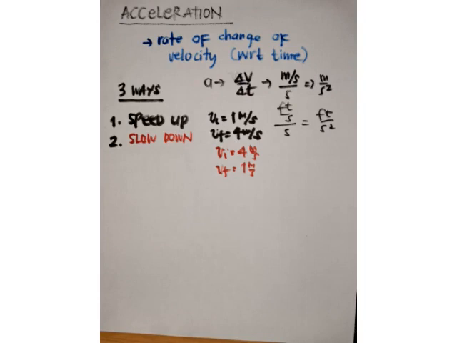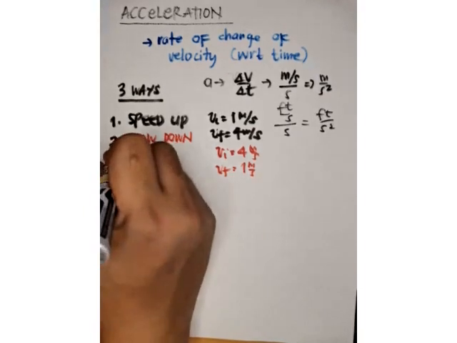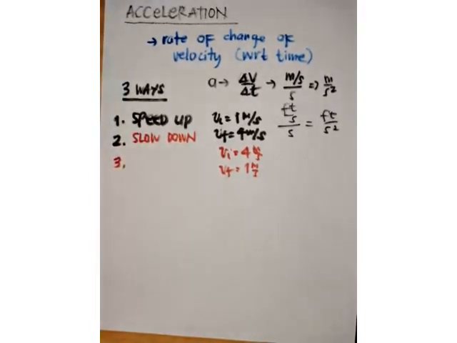Okay? And how about the third one? So what do you think is the third one? Itong third one is not very common. It's not common. But if you had your high school, kung nag-circular motion kayo, related siya dito sa Newton's second law.